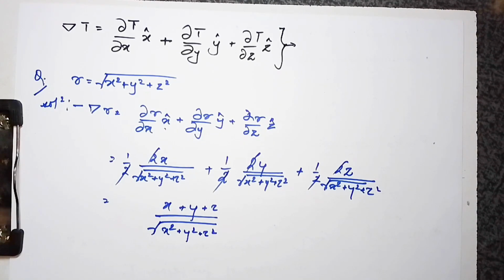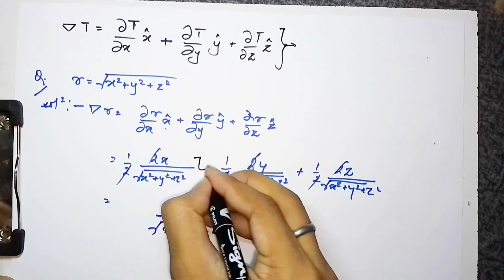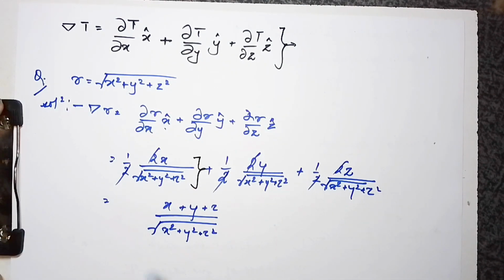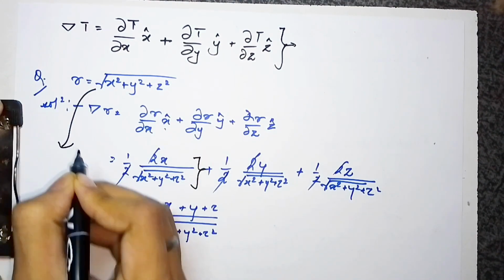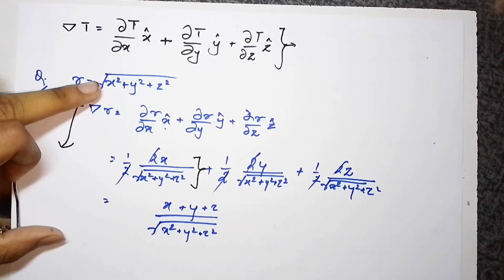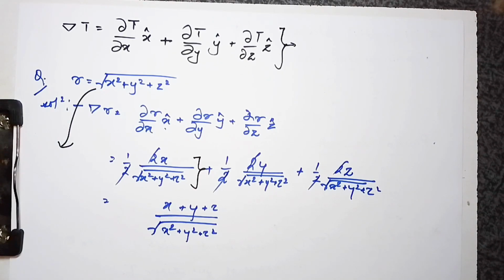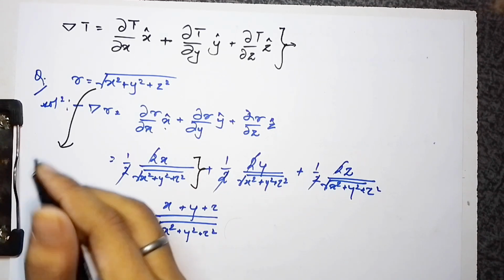And if you don't get how I wrote this, then let me also make it easy for you. When we take the partial derivative of this particular function, that is under root x square plus y square plus z square with respect to x, then what we do here is that firstly we take the derivative with respect to under root x square plus y square plus z square.